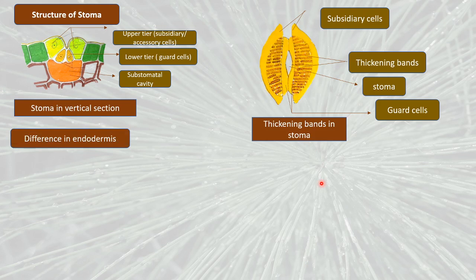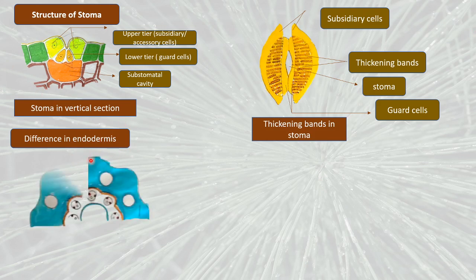Now, as I told, we need to also look into the difference in endodermal layer in different species. So let us understand it with this diagram. As you can see, this is the same diagram that we just saw before, right?